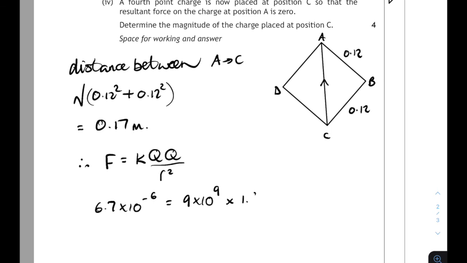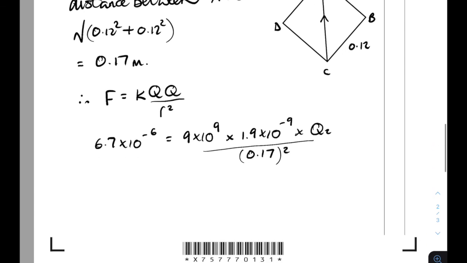We're going to put in our 1.9 nanocoulomb charge that's at position A. And it's Q2 that we're looking for. And we've worked out the distance between A and C at 0.17 meters. So 0.17, don't forget to square it. And then we rearrange for Q2.